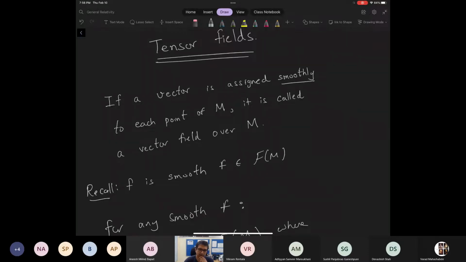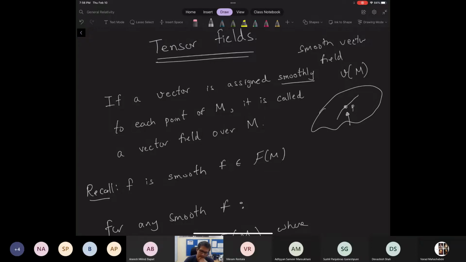first let's define the notion of a smooth vector field. Till now we've defined the notion of a vector V defined at a point on the manifold. If we have the manifold, we have a point P, we take curves through it, we define a differential operator at this point.